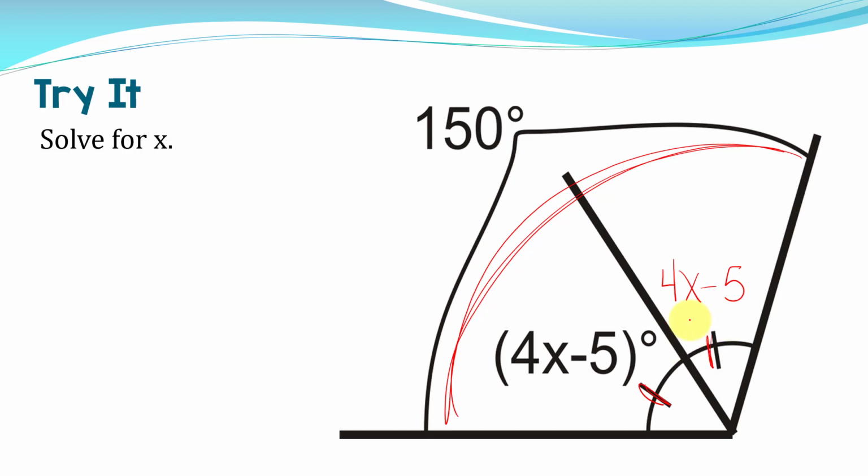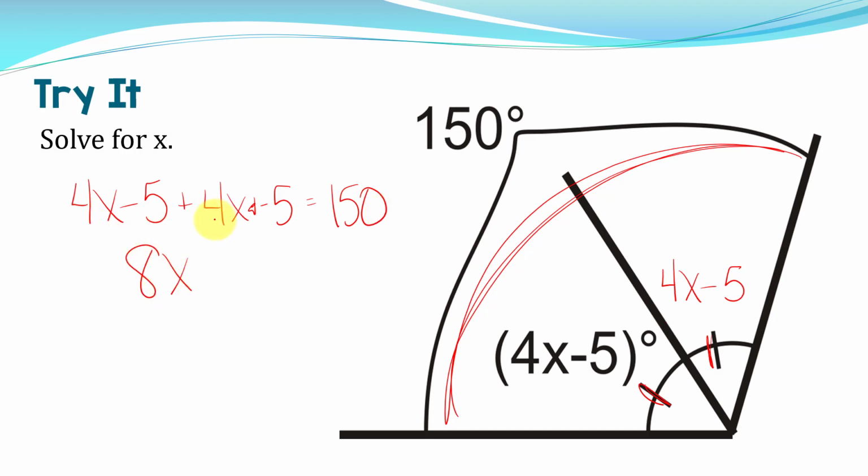And so the equation that I can set up now is I'm going to add these two together, and that is 150. So 8x, combining like terms, minus 10 equals 150.